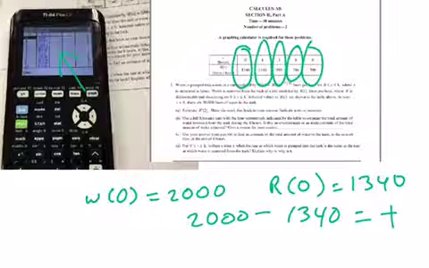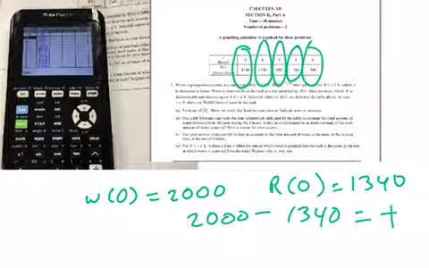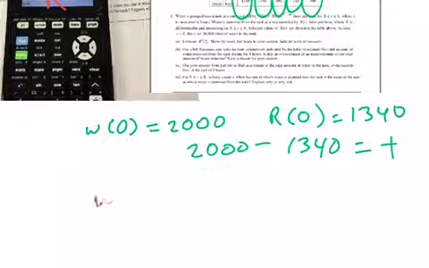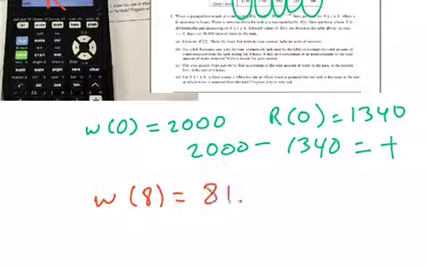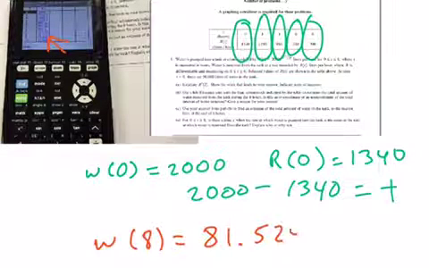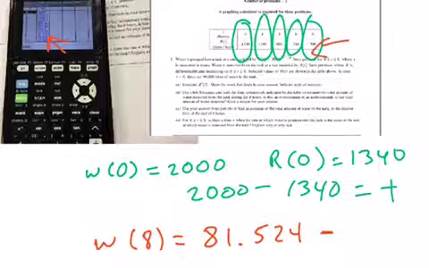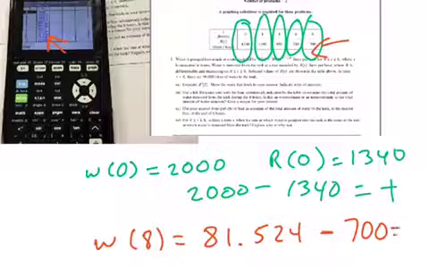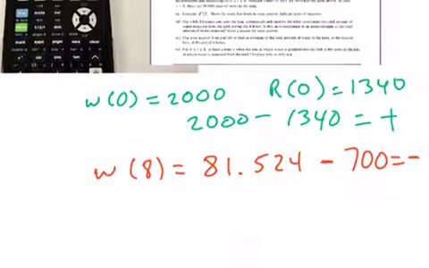So if that's true, why don't we just take the last value, which would be at 8, which is 81, more or less. If you take W of 8, we get 81, I'll be exact, 0.524, and we're going to subtract the value at 8 here, which is 700. Well, clearly when we subtract this, we're going to get a negative value.